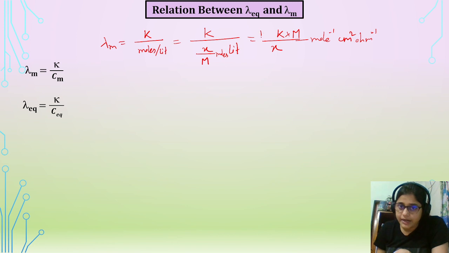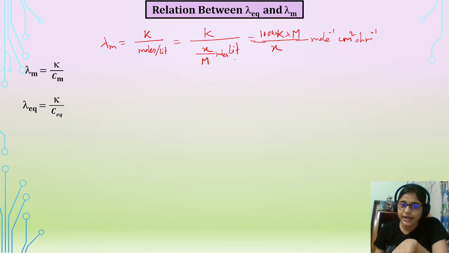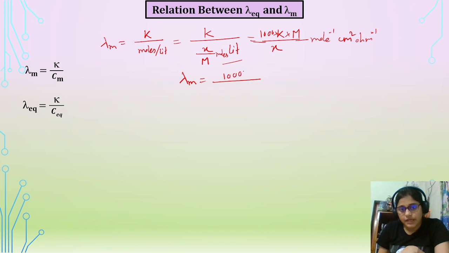So we have to add 1000 here. Fine, because it is the case of molarity, because we have taken mole per liter now, so we have to multiply it with 1000. So lambda m, what we got, is 1000 into kappa into M, which is the molar weight, by X. Okay, so M is here the molar weight.